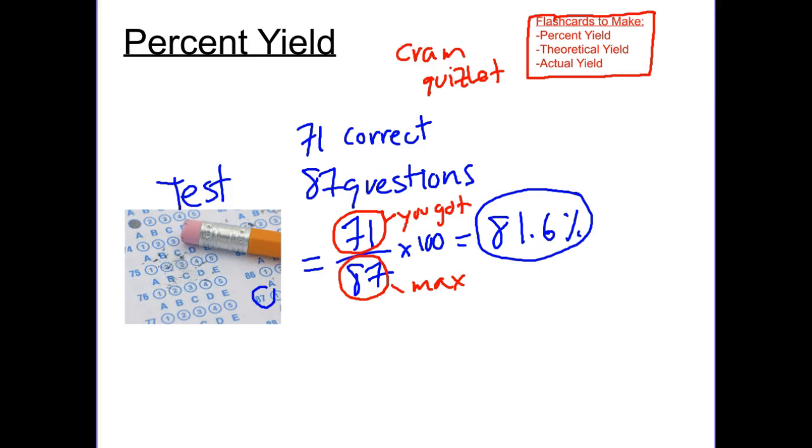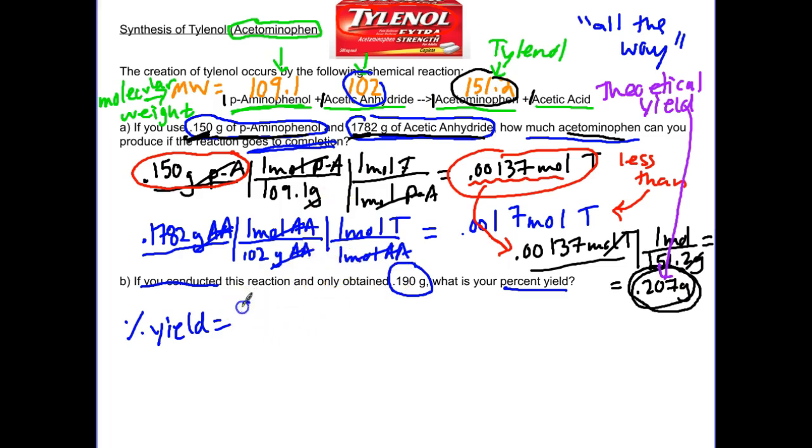In the test before, we took the amount that you got, which is just going to be called your actual, the amount of material you actually got, divided by the maximum, which is the theoretical. It's the same idea, you're just calculating a percentage. So the percent yield is how much you actually got when you conducted the lab, divided by how much you could have theoretically gotten, the maximum total, times 100.